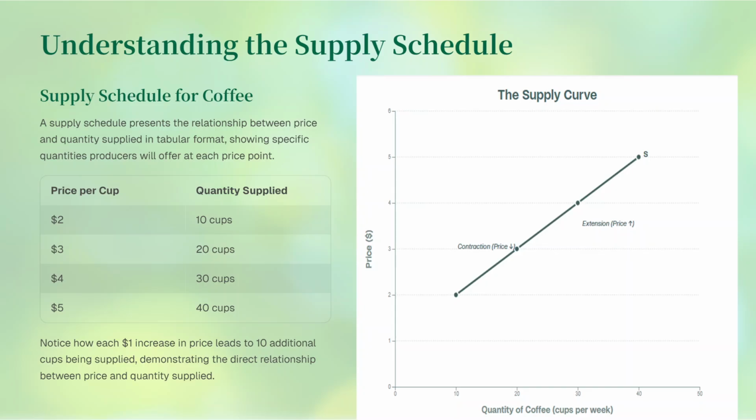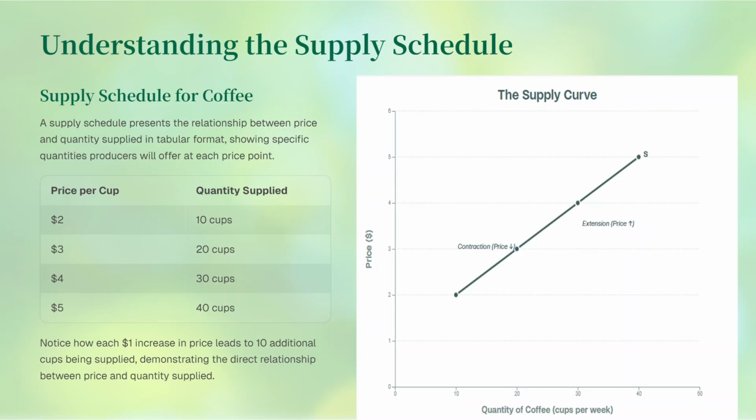Let's stick with our coffee example, but this time from the perspective of a cafe owner. The law of supply establishes a fundamental principle. There is a positive direct relationship between price and quantity supplied. When prices rise, producers respond by offering greater quantities of goods to the market.